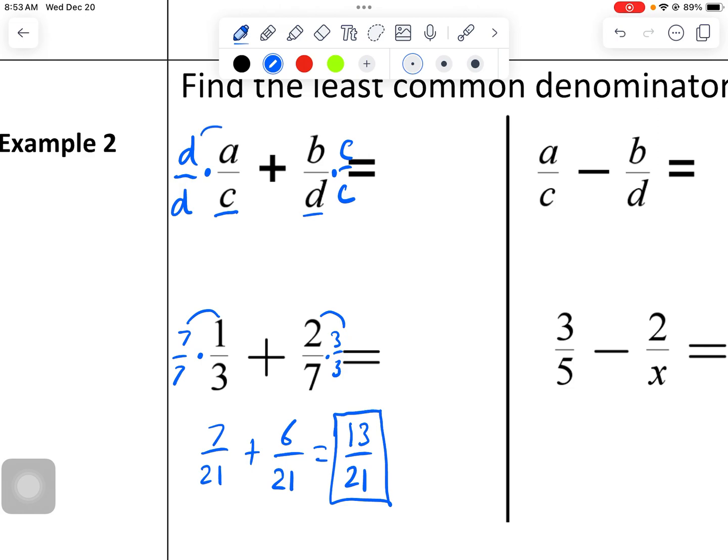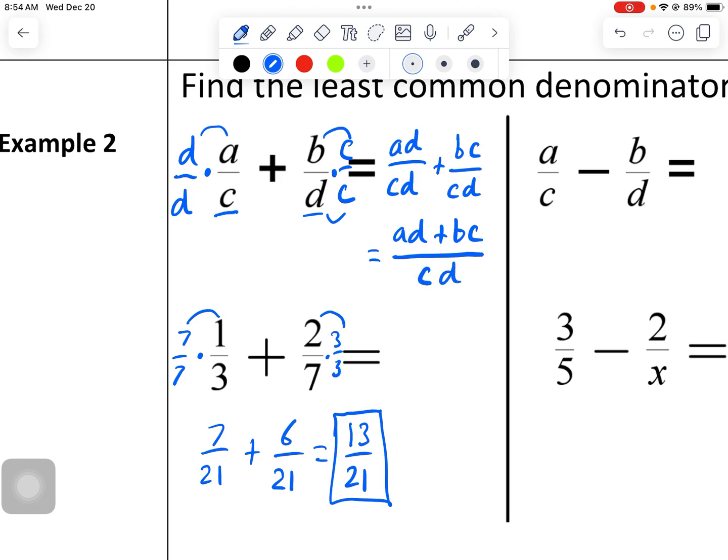Now what I have, when I multiply these, I'm just going to put them side by side, is ad over cd, or dc, doesn't matter the order, plus bc over cd. And now, since I have a common denominator, I can just combine these together. So the final fraction, because our goal is to get it to one fraction, is ad plus bc over cd. I just took each of the top parts and added those together.